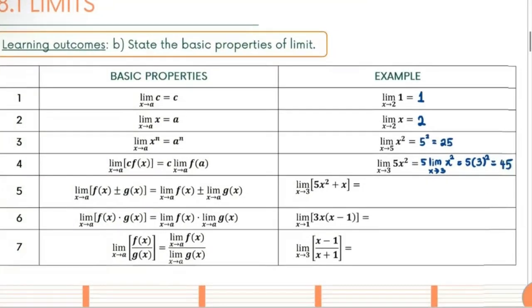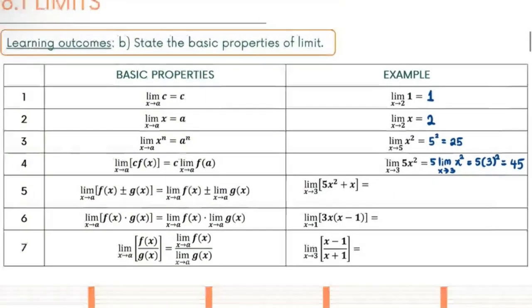Okay, so ini adalah properties yang keempat. Okay, now moving on to properties number 5. So kalau plus minus of a function, limit of x approaching a, and bila kita nampak ada function plus minus, kita boleh separatekan dia kepada limit of f(x) when x approaching a plus or minus limit of g(x) as x approaching a.